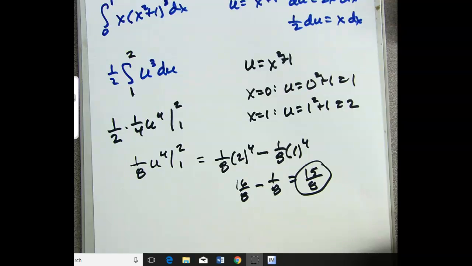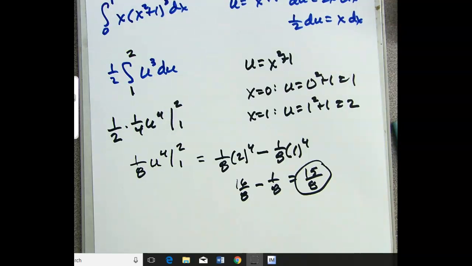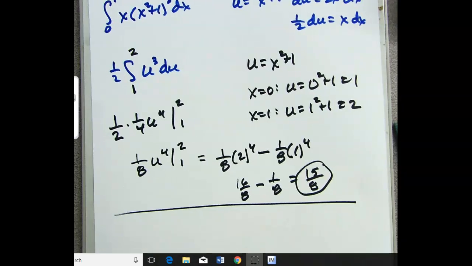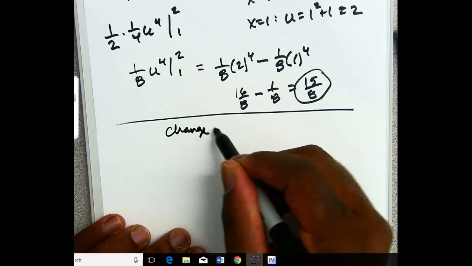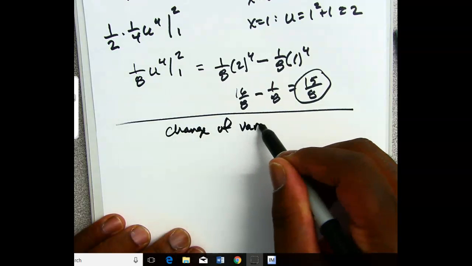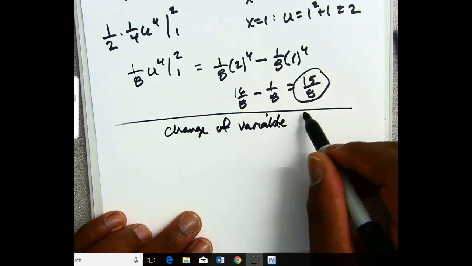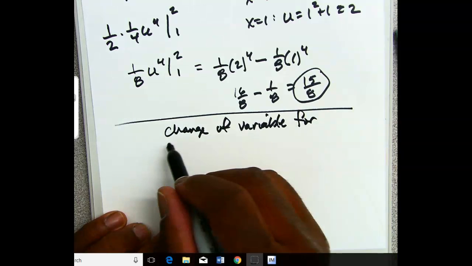All right, so let's go ahead and officially write this down. Change of variable for definite integrals.